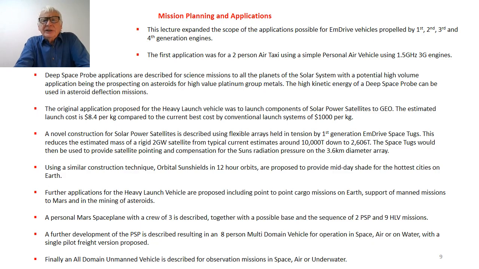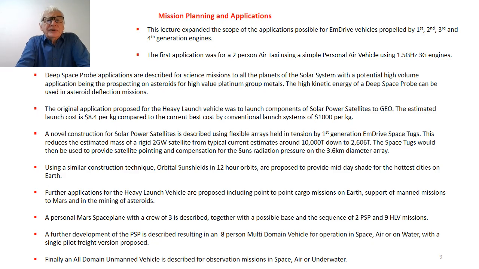And we mentioned the very high volume application that could occur during prospecting asteroids for high value platinum group metals. An interesting application of the deep space probe was to use the high kinetic energy that you can generate in a deep space probe and use it in asteroid deflection missions.